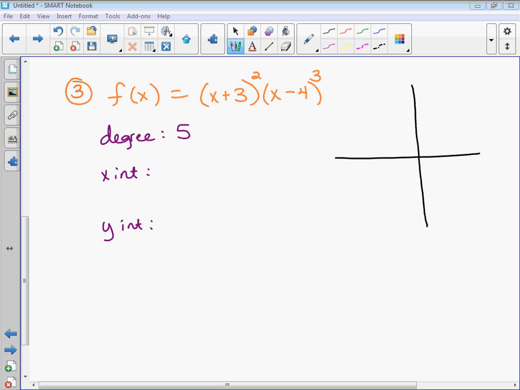So it's really 3 squared times negative 4 cubed. So your y-intercept is, well, it's negative, but otherwise it's a very big number.